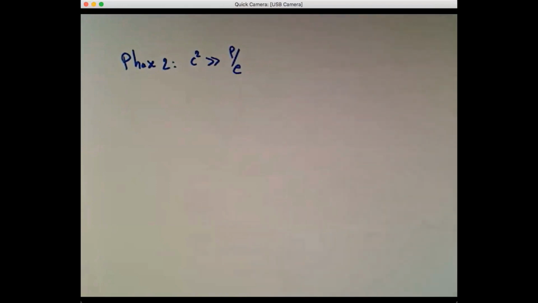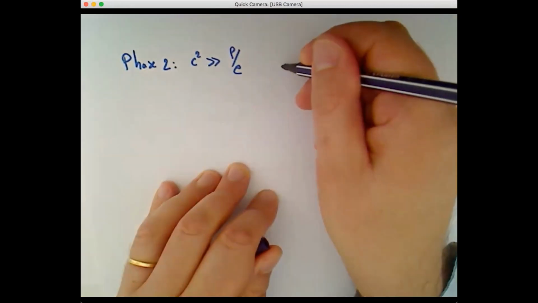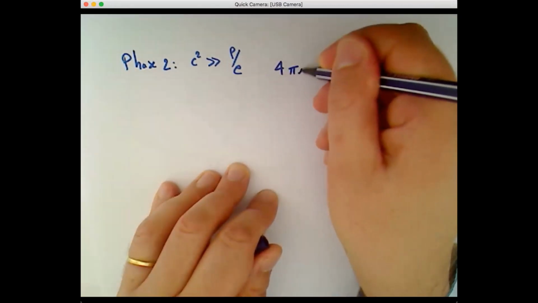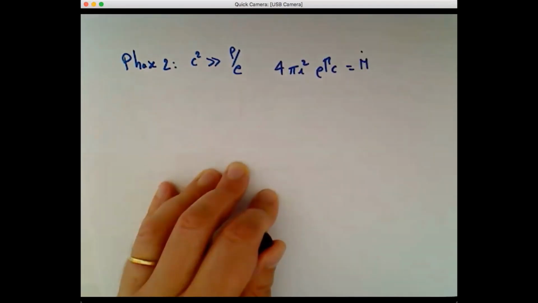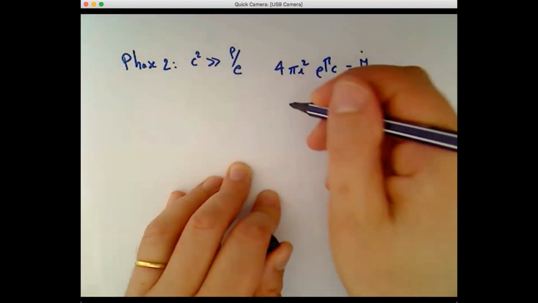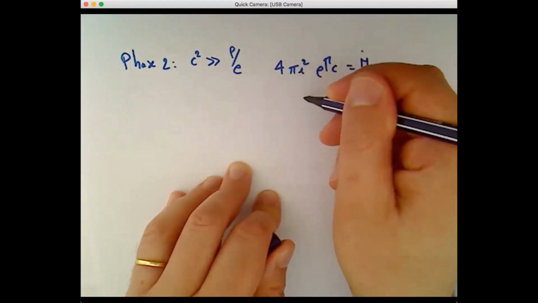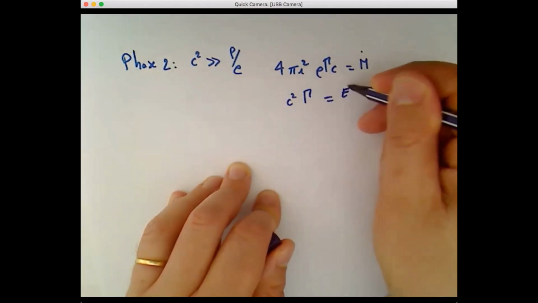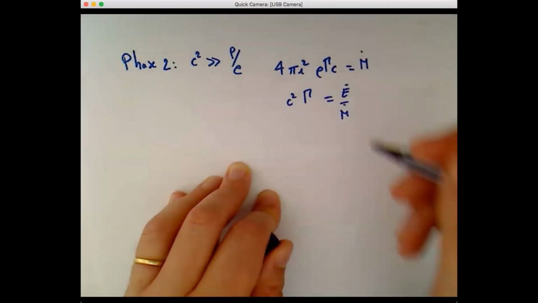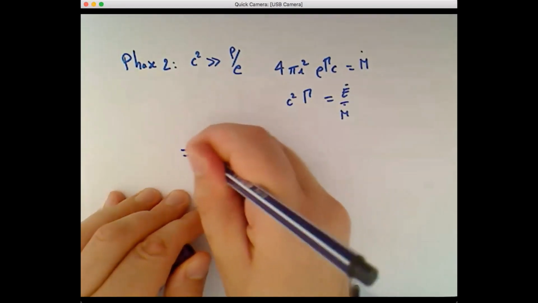In this second phase, I can still write conservation of mass. And the conservation of energy, which is h gamma equals constant, becomes c squared gamma equals a constant. So it's a very simple phase.